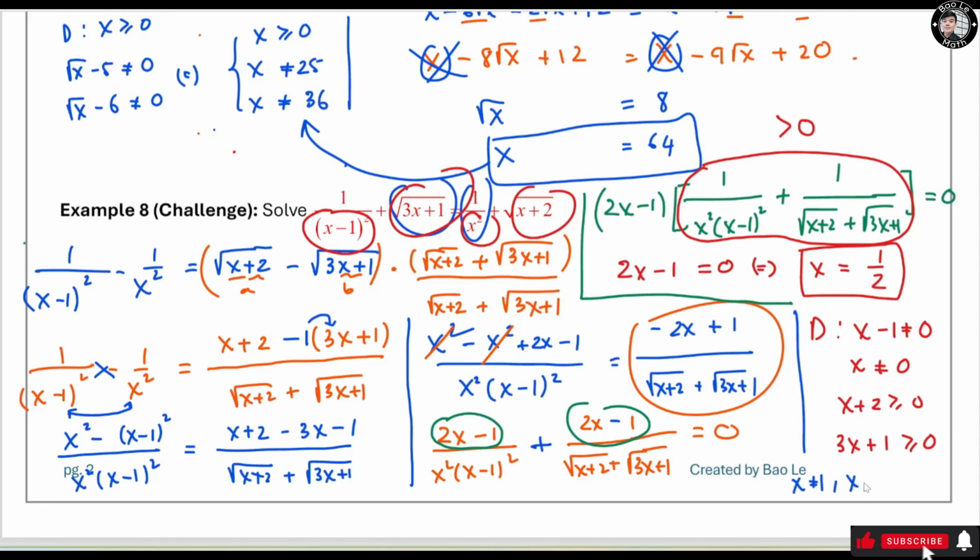This guy s not equal to 0, right? This guy s greater than or equal to negative 2, right? And this guy s greater than or equal to negative 1 over 3, right? Now we have s equals 1 half. That satisfies all conditions right here, right? So this is the only solution to the equation right here, right?